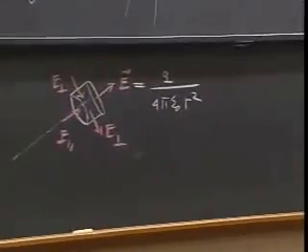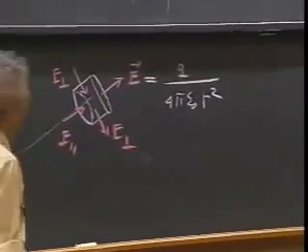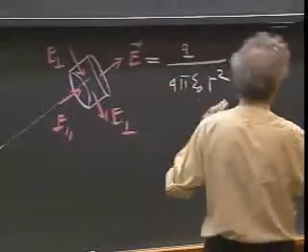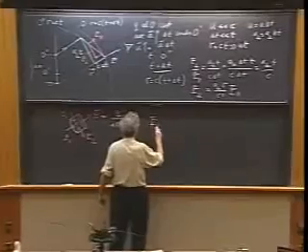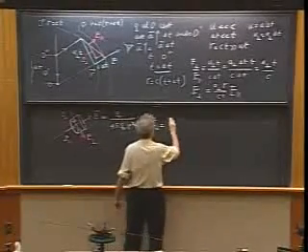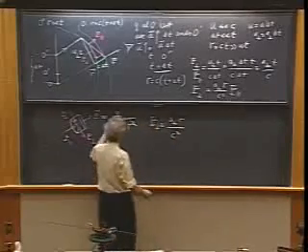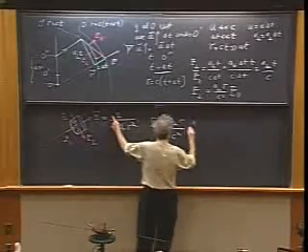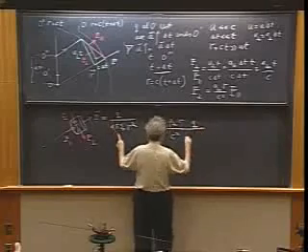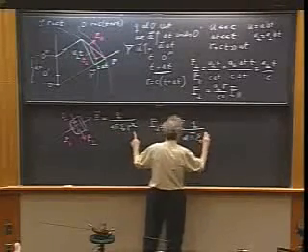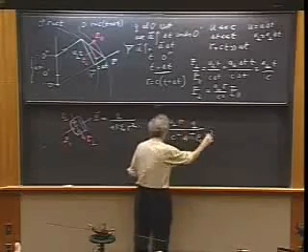You people should remember that from 802. And so now, we have accomplished, the 13 minutes are almost up. E perpendicular now is therefore A perpendicular times R divided by C squared times Q divided by 4 pi epsilon 0 times R squared. And you lose 1 R.